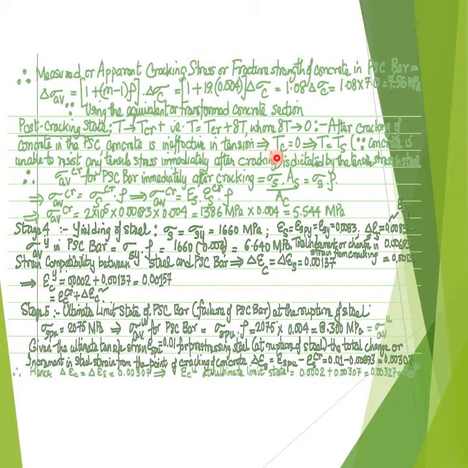As a result, mathematically, the share of the externally applied tensile force that is resisted by the concrete in the post-cracking state, that is, immediately after the first cracking of concrete, denoted as capital T subscript C, where the subscript C signifies the share of the externally applied tensile force resisted by the concrete or the cracked concrete, is equal to 0.